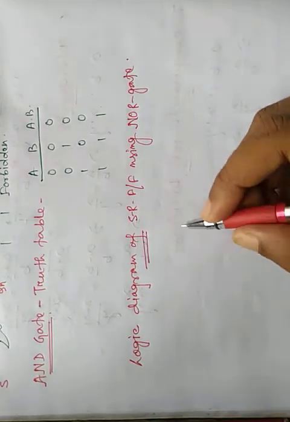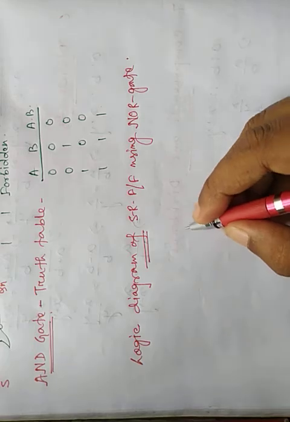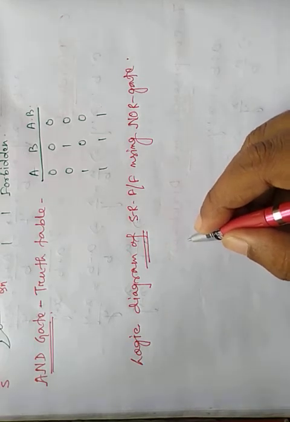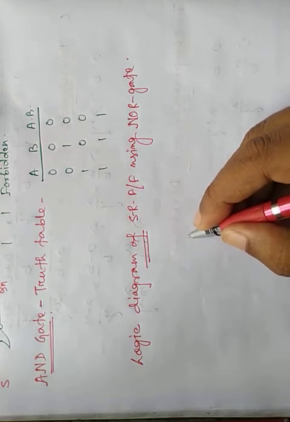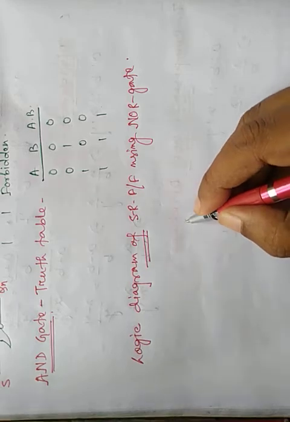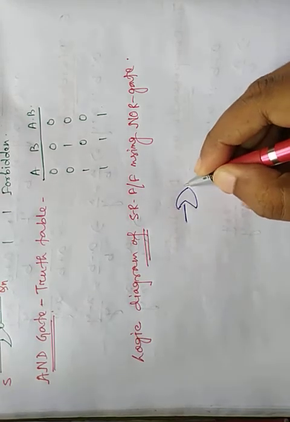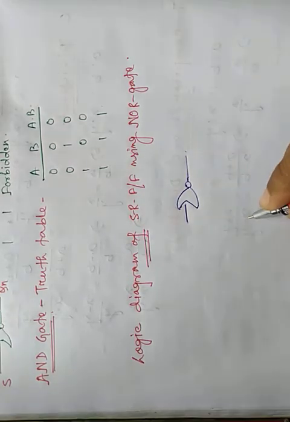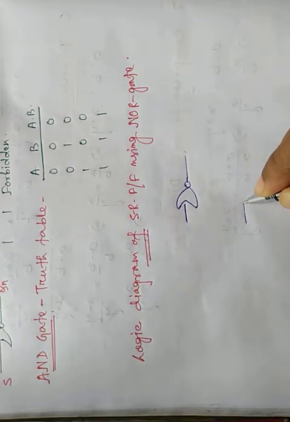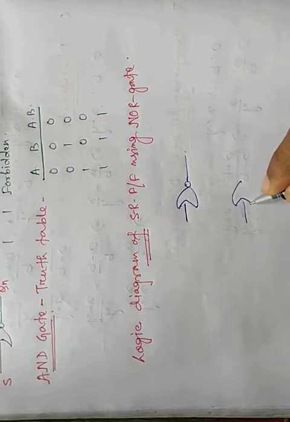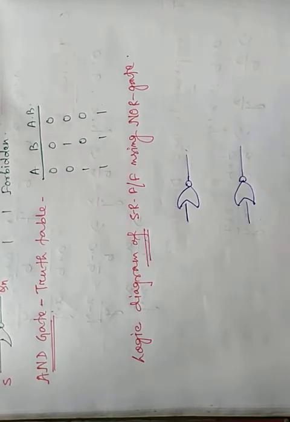So at first we have to draw our SR latch using NOR gate. We know that SR latch using NOR gate means one NOR gate, two NOR gates.